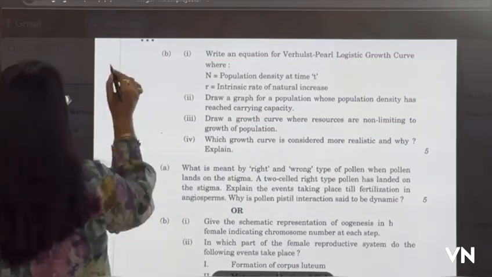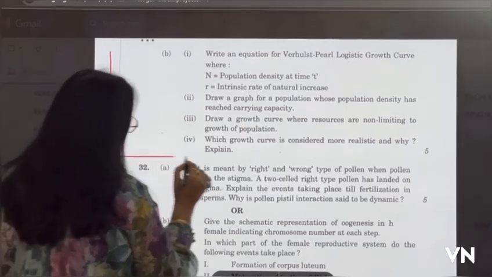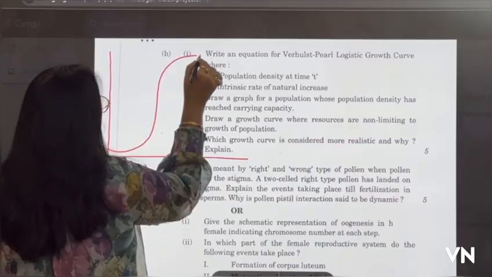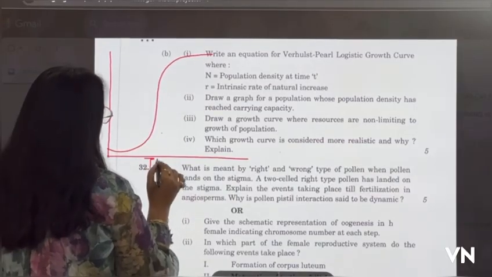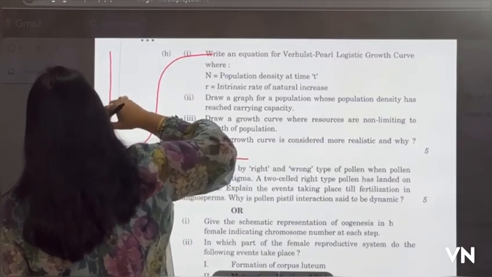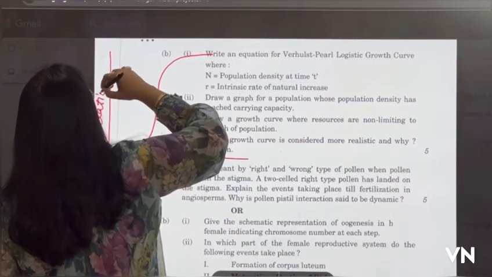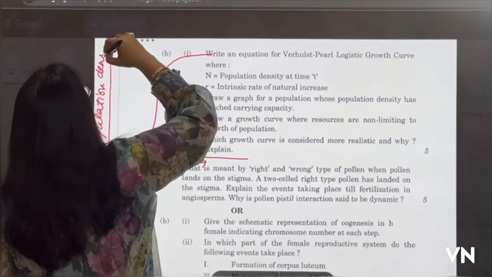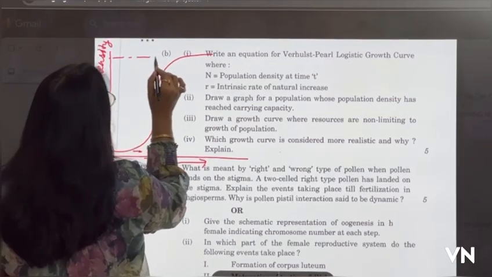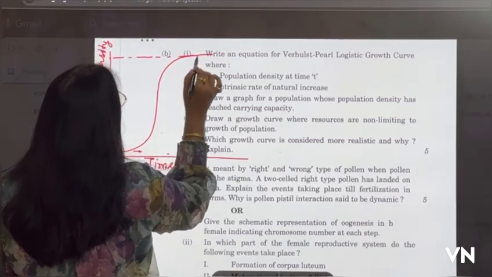For this we will draw the logistic growth curve, and that will be like this. Time on the x-axis and population density on the y-axis. And this is the carrying capacity K.